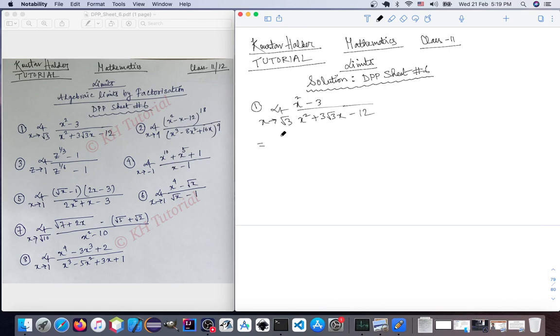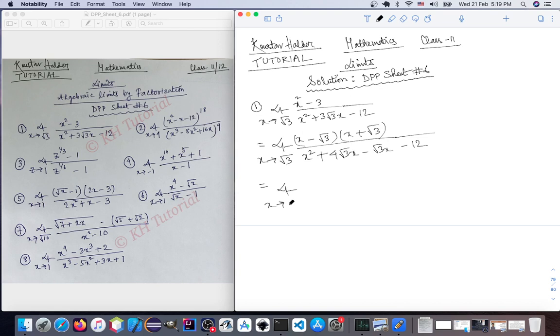So we can factorize the numerator and the denominator as (x minus root 3)(x plus root 3), and the denominator becomes, if we do middle term splitting, we can write it like this.